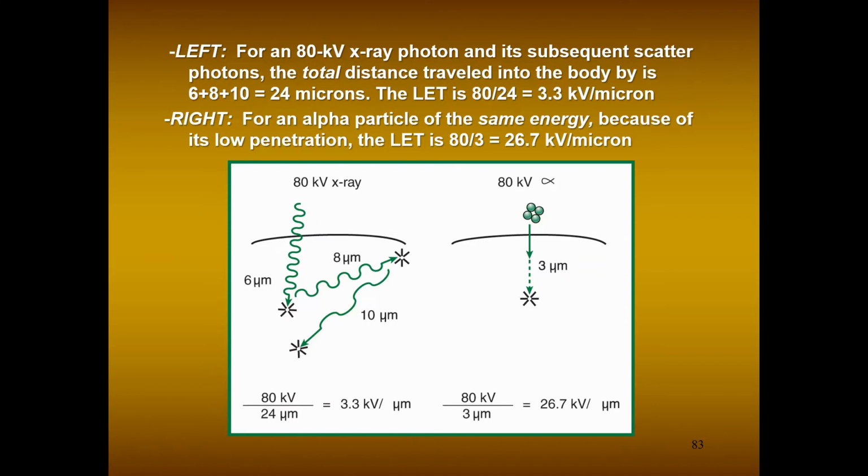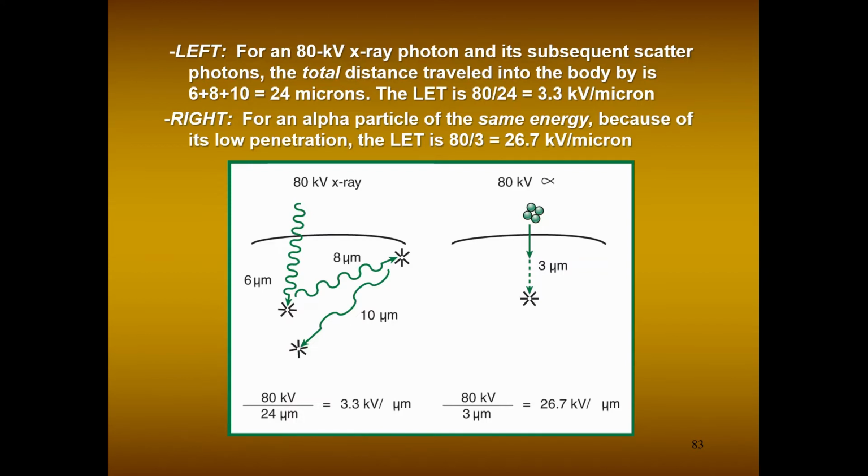So a total distance of 24 micrometers. You can say that 80 kilovolts of potential energy was deposited over 24 micrometers of distance. 80 divided by 24 is 3.3, so it's 3.3 kV per micrometer. That's our LET number for the X-ray photon.